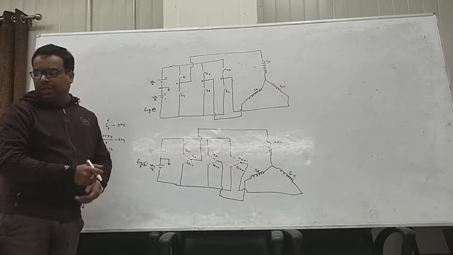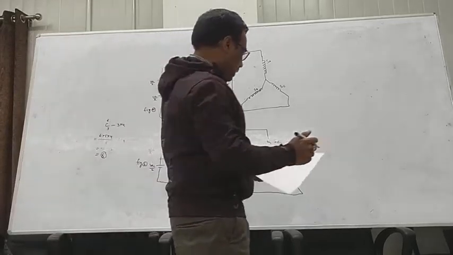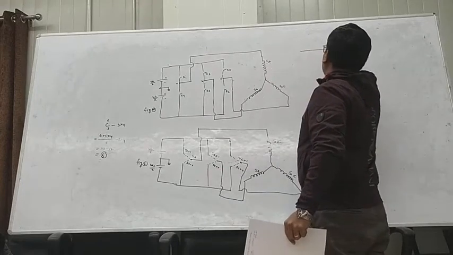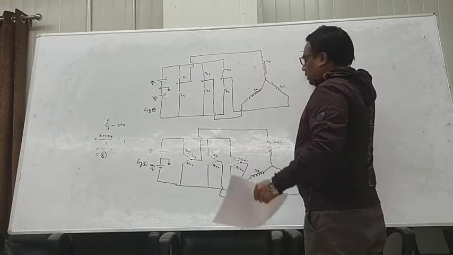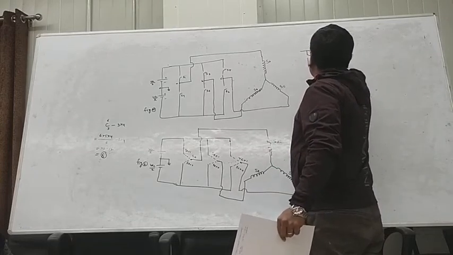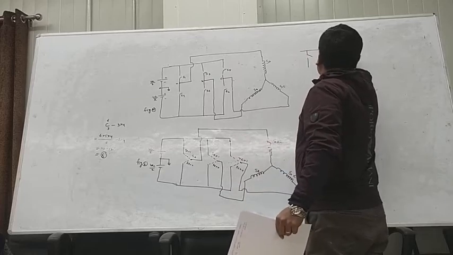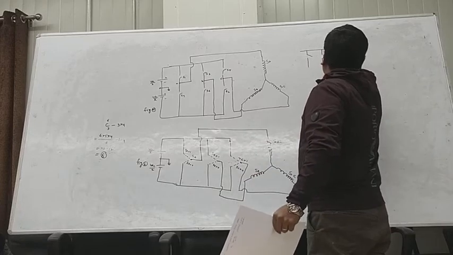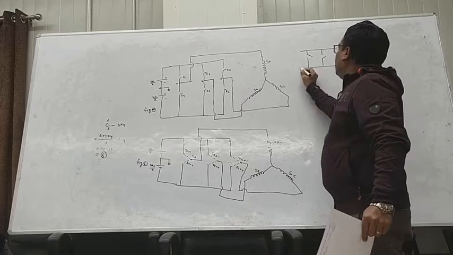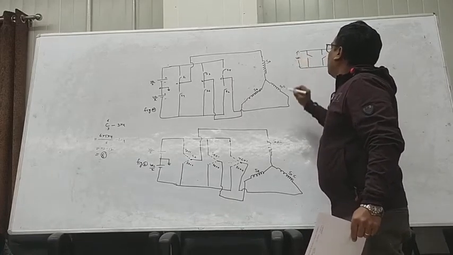Let us see what the different types of voltage vectors are, the 8 switching states. For the first switching state, I am considering this diagram just for understanding purposes. Say this is the total VDC.